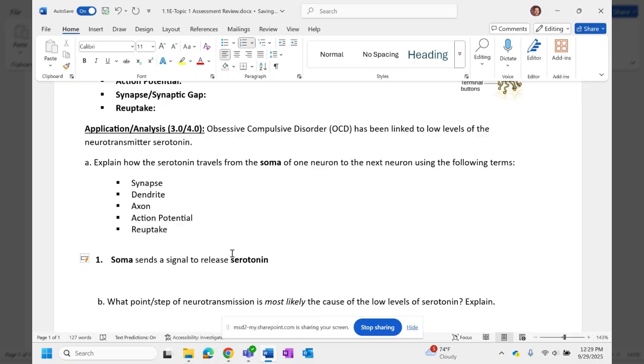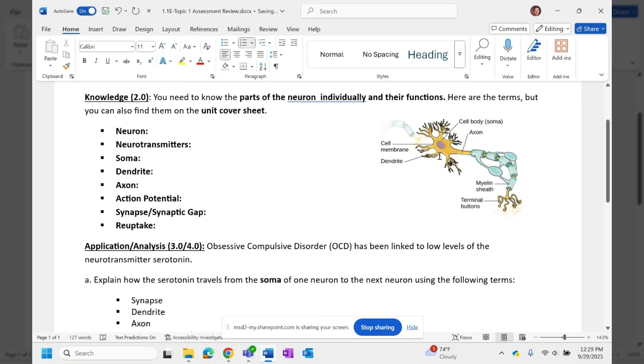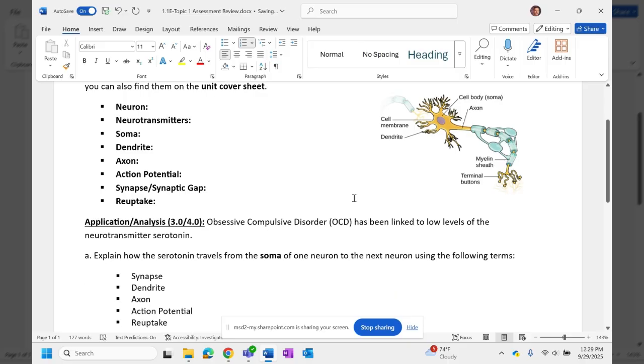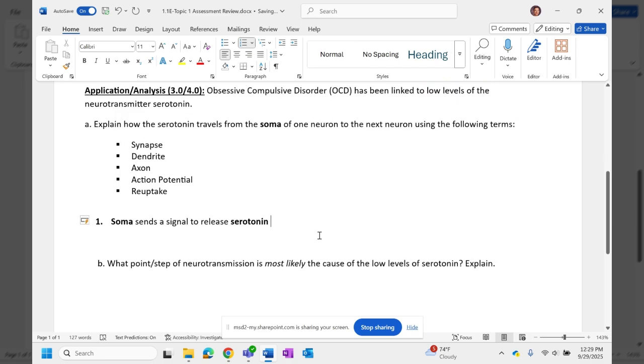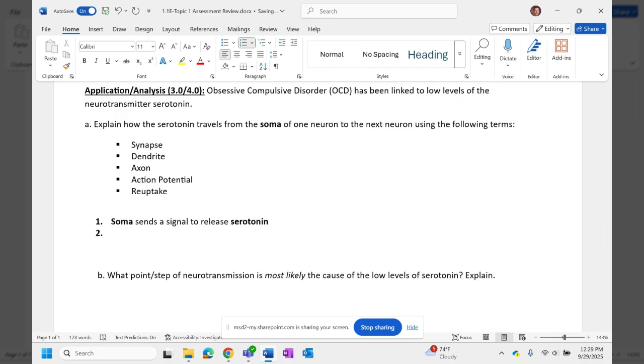And then we got to think about where does it go next. Well, if we travel down here, the next thing is going to be the axon. The axon acts on the other neurons by creating action potential. So you got those A's there, axon. Think about those paper clips too.